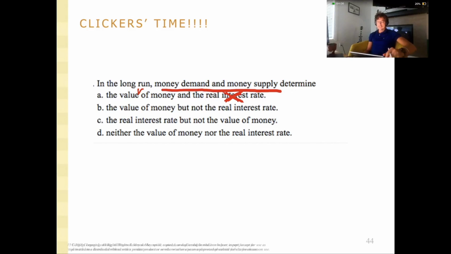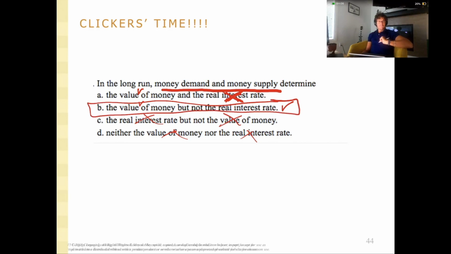So no, it's measured in terms of output, so it's not affected by money demand and money supply. So money demand and money supply affect the value of money, yes, but not the real interest rate. That's good. The real interest rate, but not the value of money. That's wrong, and that's wrong. Neither the value of money nor the real interest rate. So the solution to this is B.